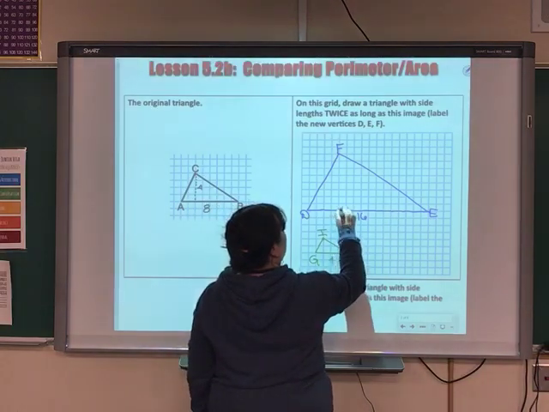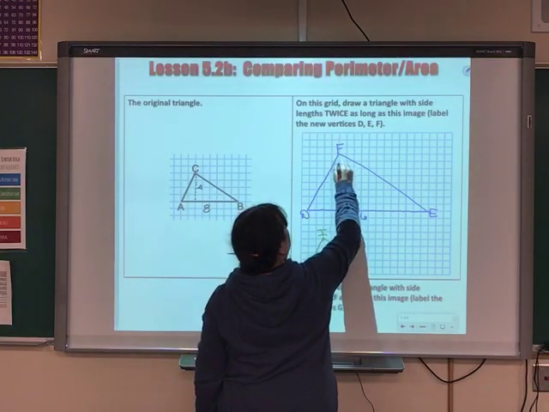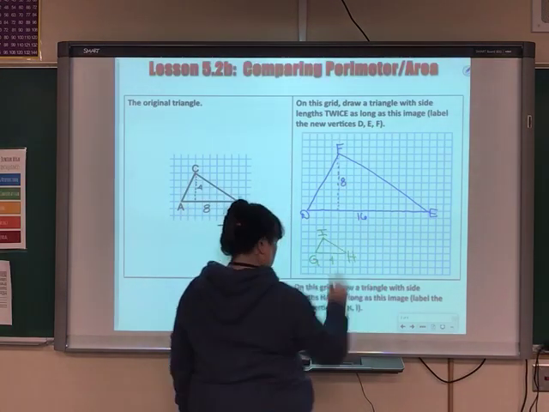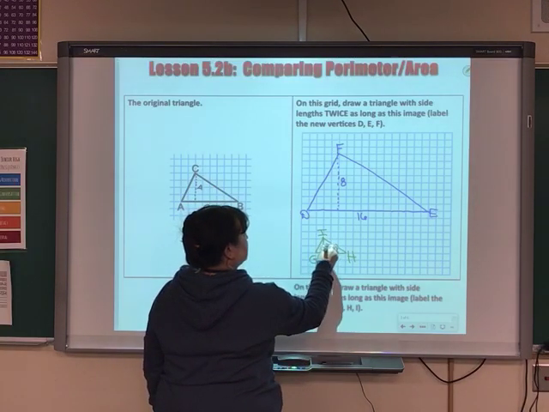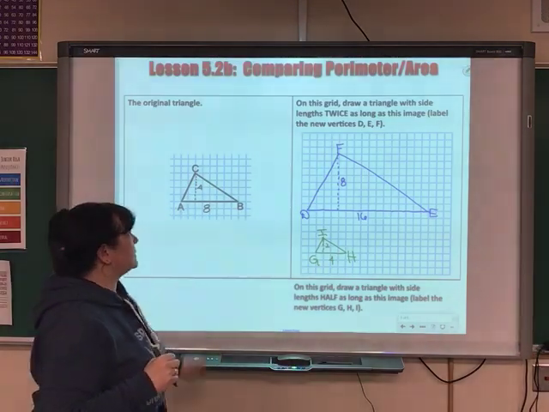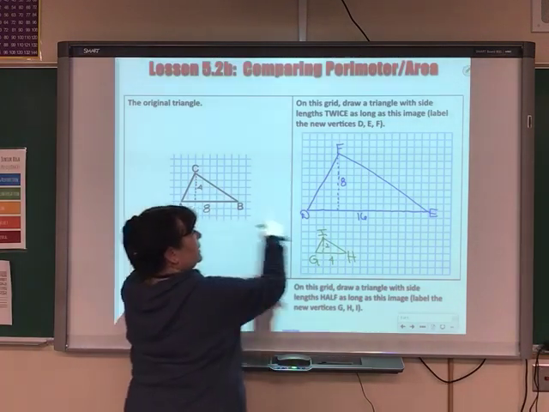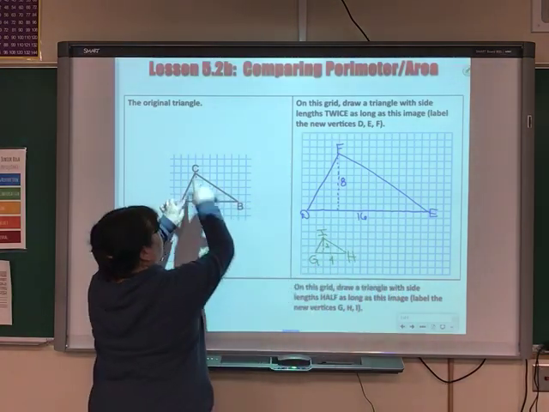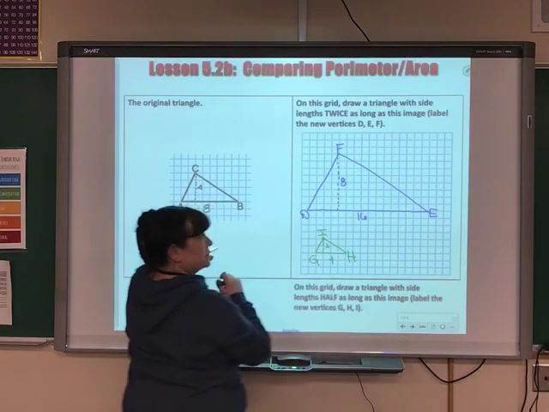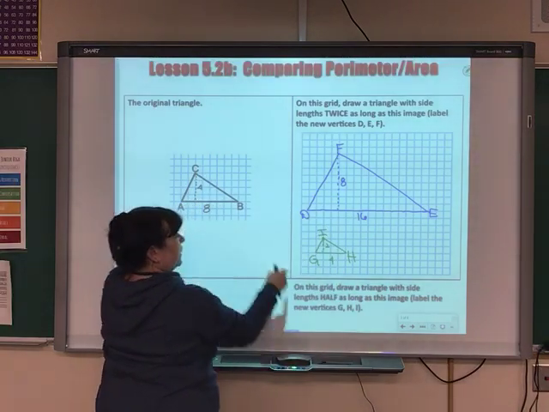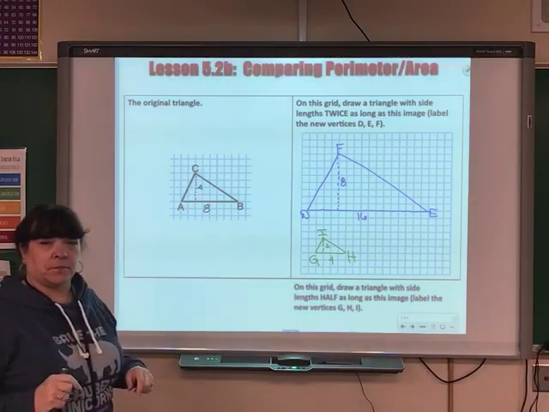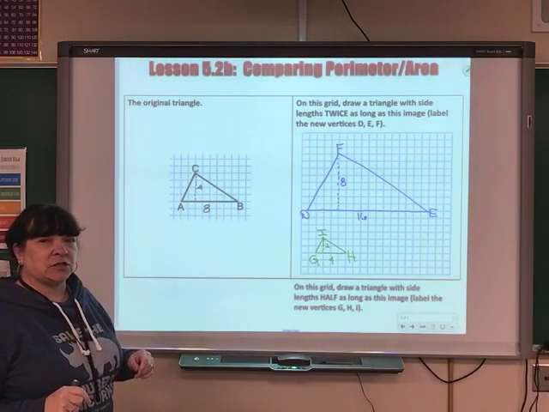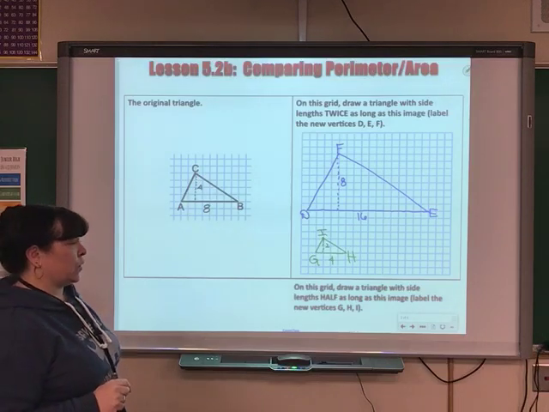On this one, from the base to the highest point, that's 8. And here, from the base to the highest point is 2. And we can see 8 doubled is 16, 4 doubled is 8, half of 8 is 4, half of 4 is 2. So it's pretty easy to do triangles as well.